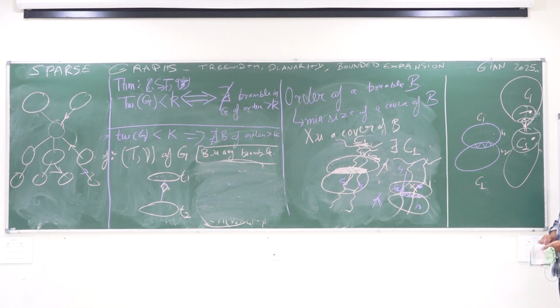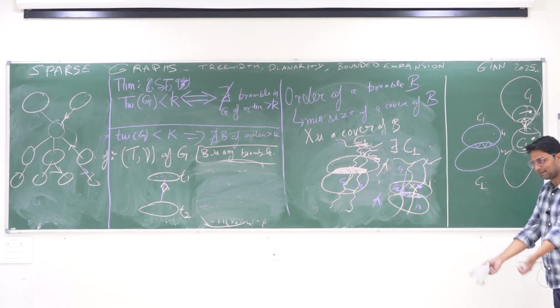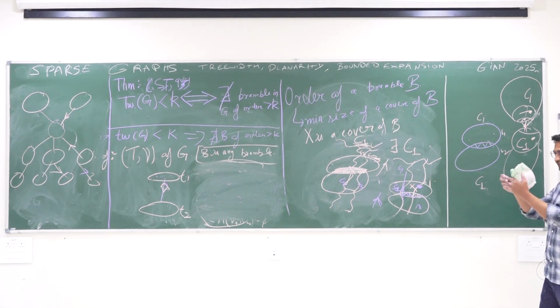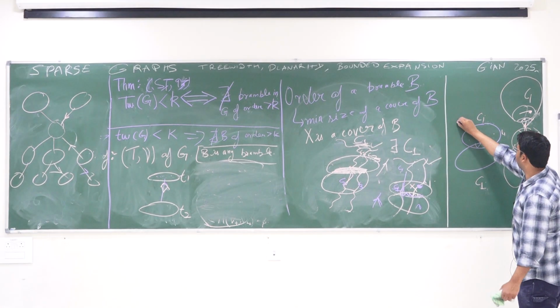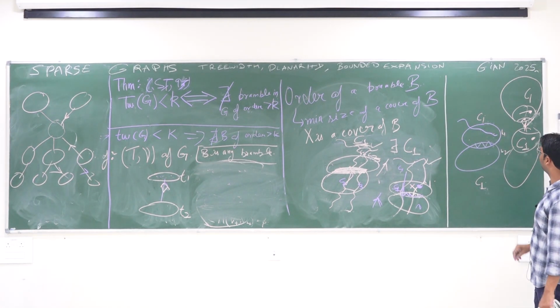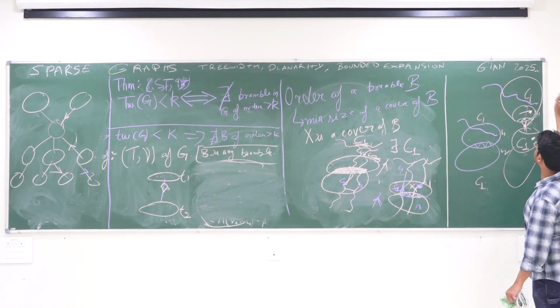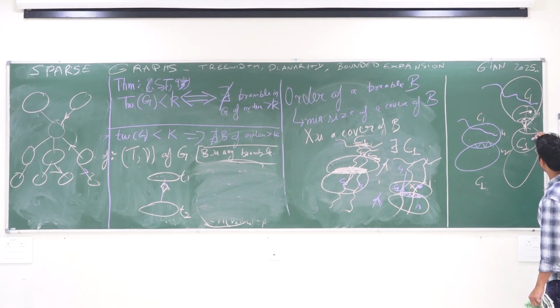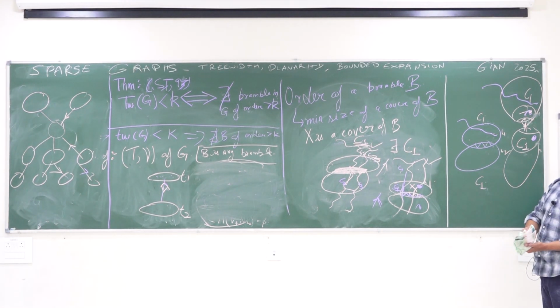That is also a property of the bramble, because brambles touch. Since I have a bramble C1 that lies completely above, nobody from here can touch it because this is a separator. It has to be present here.